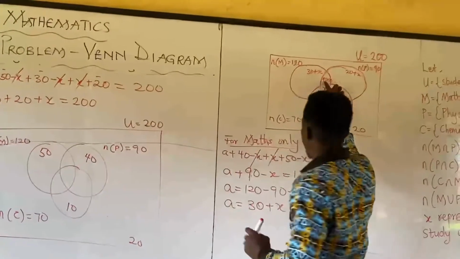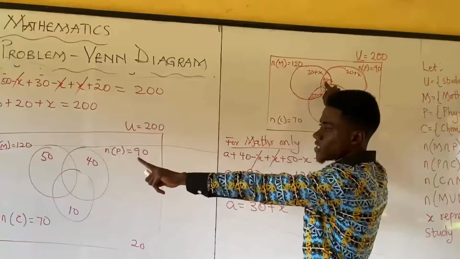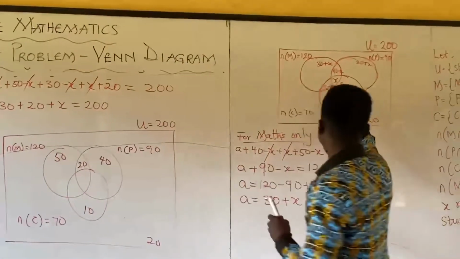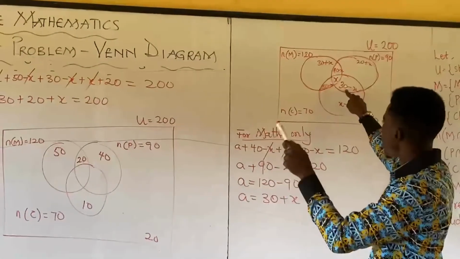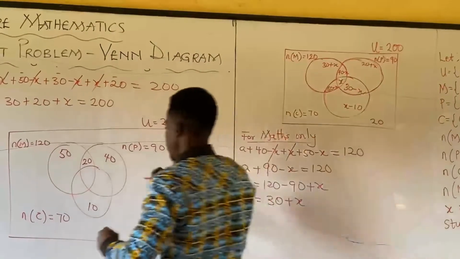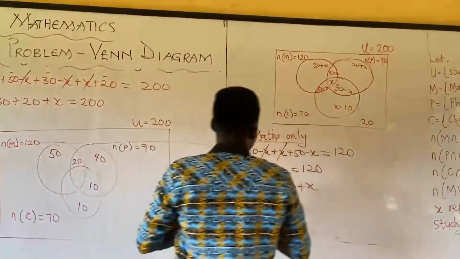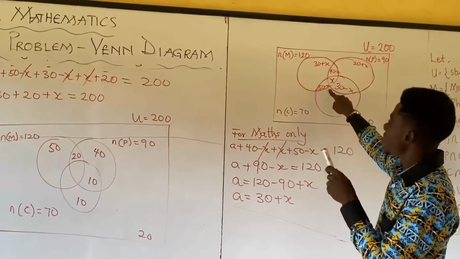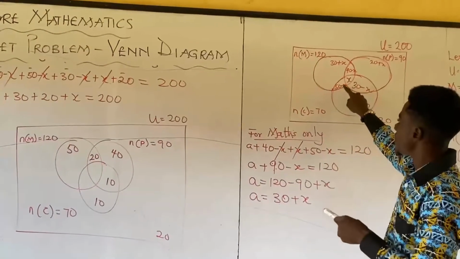This portion is 40 minus x. So it will be 40 minus 20, which is 20. 30 minus x will be 30 minus 20, which is 10. And 50 minus x will be 50 minus 20, which is 30.